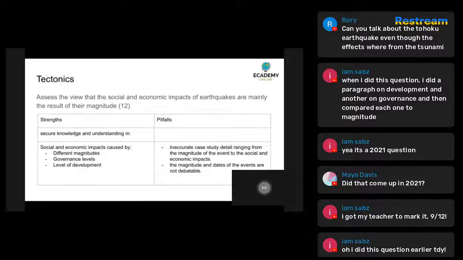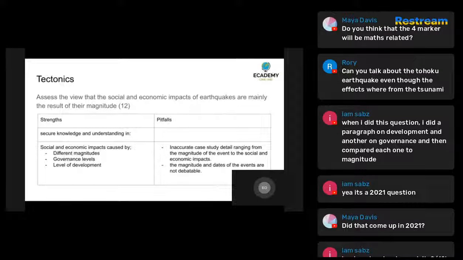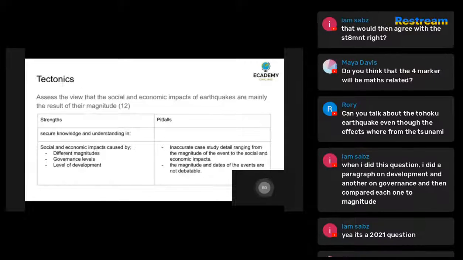So the costs of coming back from an earthquake event are, in terms of economics, far greater in developed countries than in developing ones. But certainly the capacity is greater in developed countries rather than developing ones themselves.